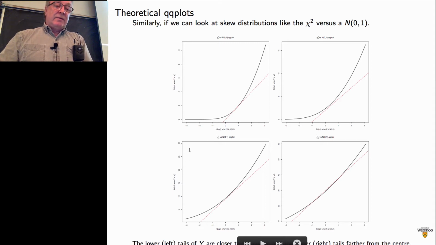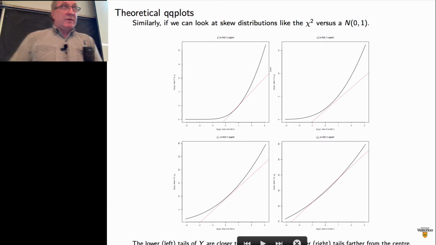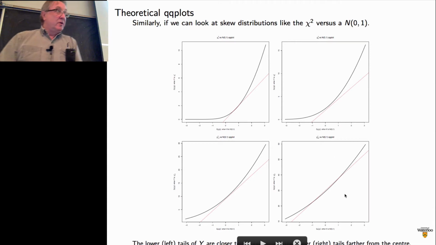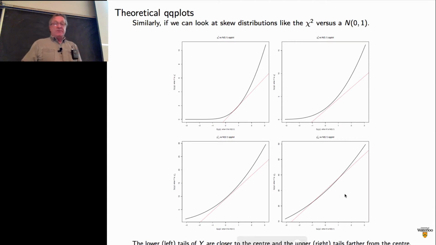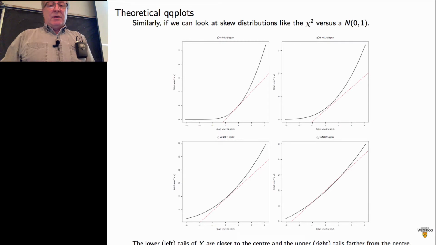I might expect it to be out here if it was Gaussian, but it's much closer to the middle. That's a shorter left tail. So it's pulled in on the left and pushed out on the right. Okay? And less so as the degrees of freedom increase, which you should know from the limiting behavior of chi-square distributions becoming more and more Gaussian looking as the degrees of freedom increase.